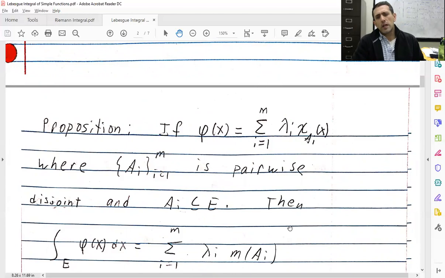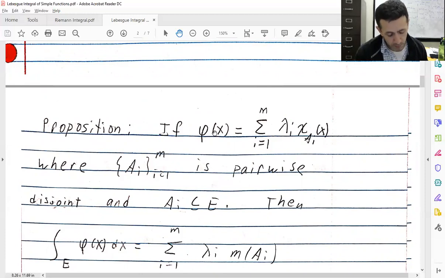And I also want to make clear that you might be saying, well, hey, wait a minute, isn't the integral of a sum the sum of the integrals, and can't you pull out constants? Well, you can basically trivially prove that when you're integrating simple functions, you can pull out constants, but it is not trivial at all to prove that the integral of the sum of two simple functions is the sum of the integrals.